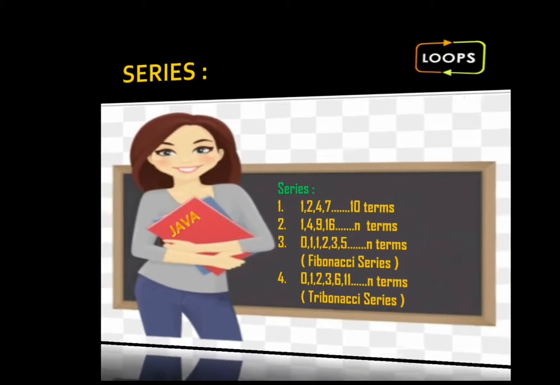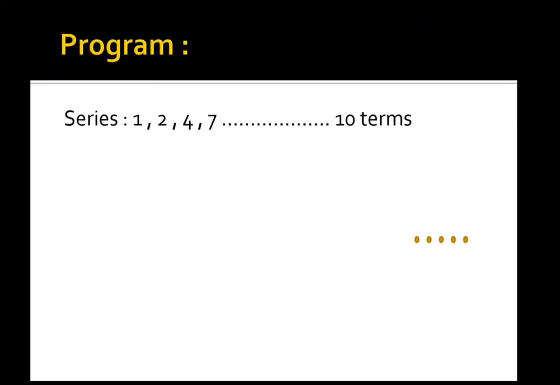Now moving further with the program. How are we going to create the series? We have to keep in mind the following rough sketch. First of all, we have to start from somewhere, that is 1. I'm keeping 1 as sum because I have to add the terms one by one.